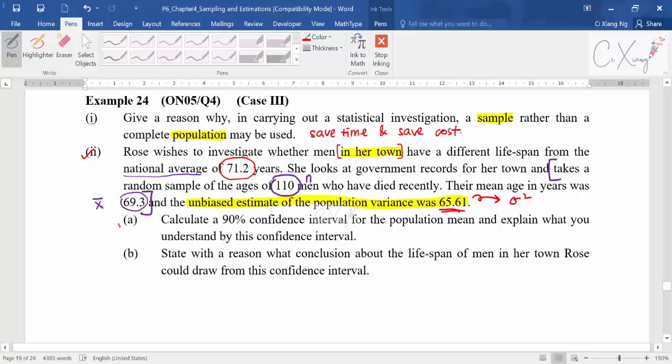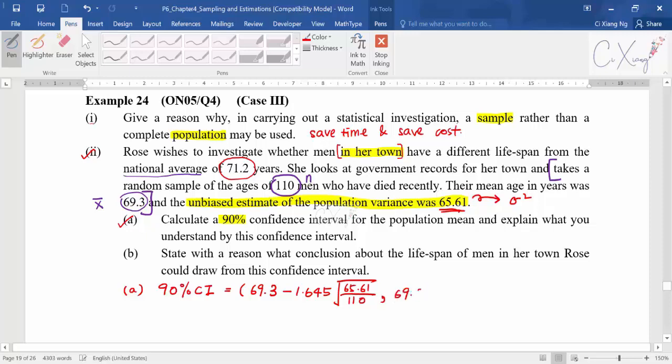If no problem, then you can start with the calculation. They want you to calculate a 90% confidence interval for the population mean and explain what you understand by this confidence interval. I think the calculation part should be very easy. The sample mean is 69.3 minus the z value, which should be 1.645, and then 65.61 straight away applied, then 110.